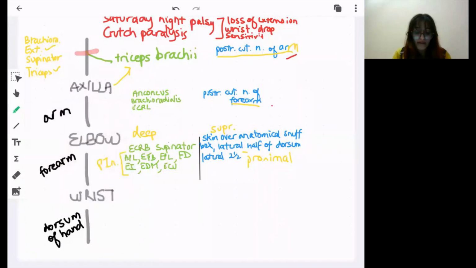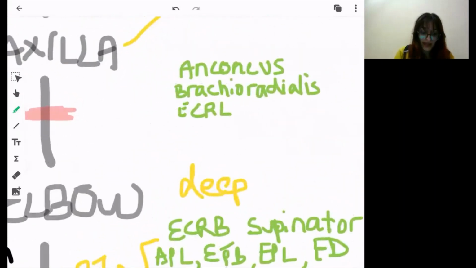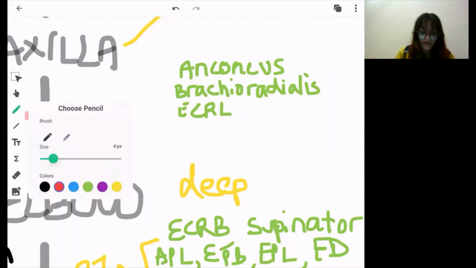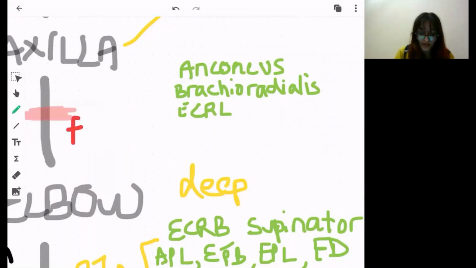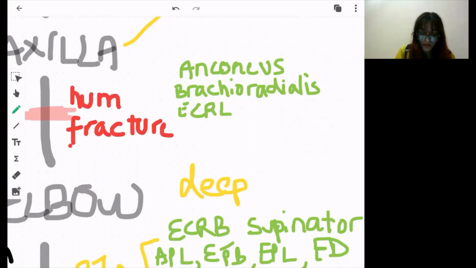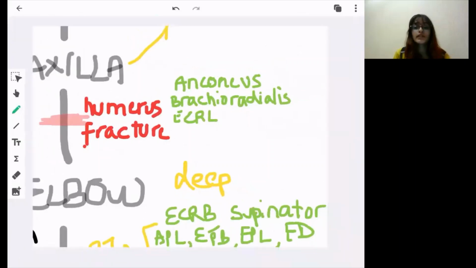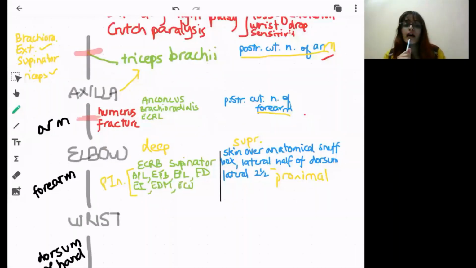But if there is damage in the arm, for example a fracture of the humerus, tell me, will the extension of the arm be affected?